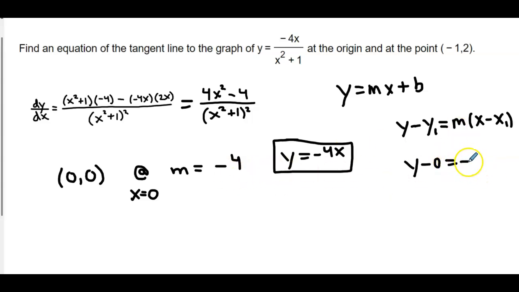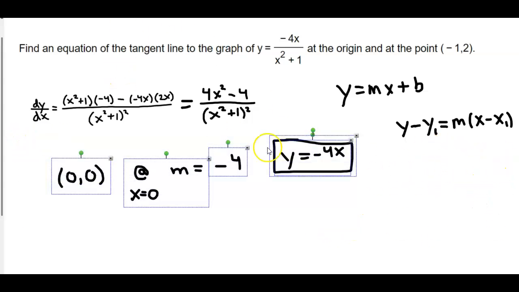We found m to be negative 4, and then parentheses x minus my x coordinate, which was 0. And then if we solve for y here, we've just got simply negative 4 times x, and this y minus nothing is just y. So again, we get back to that equation of the tangent line that we found. So that is, again, the equation of the tangent line at the origin.